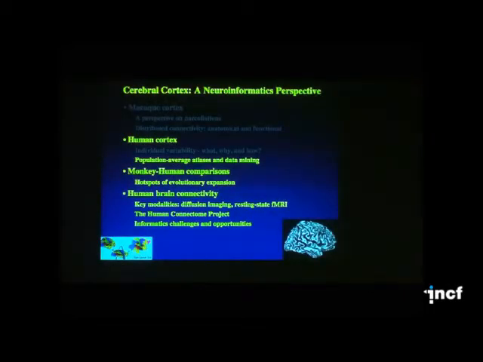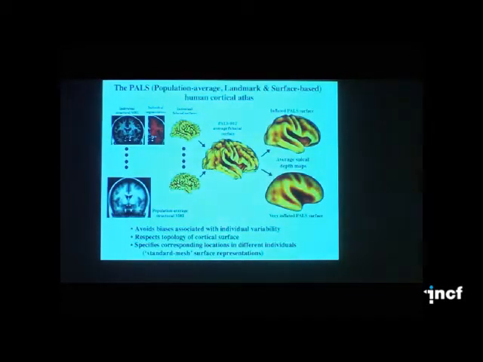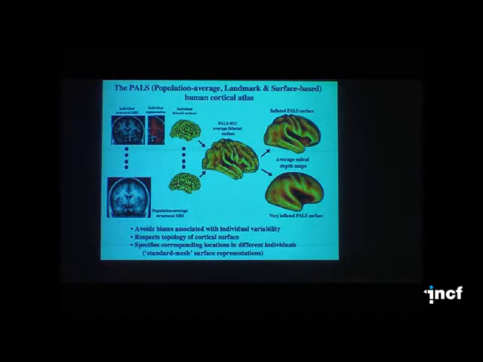So we can explore those issues if we have atlases for human cortex that cope with this high degree of variability. And my lab has generated a particular population average landmark and surface-based human cortical atlas that you see here.